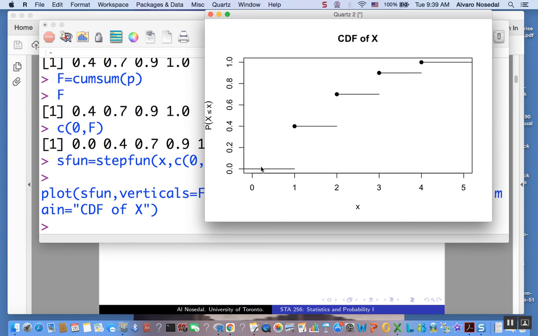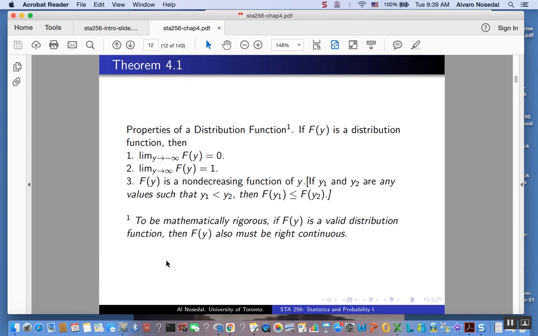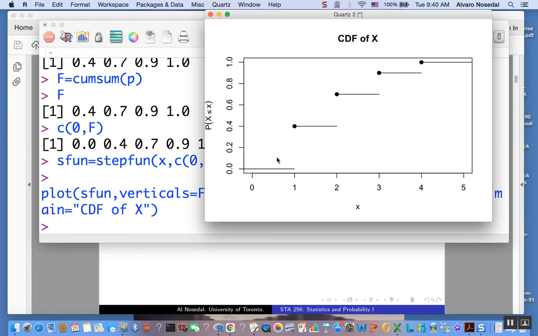So the values of a CDF are always between 0 and 1. And then F of y is, and be very careful about this, that's why we use this word, non-decreasing. One may be tempted to say that it's increasing, but then our mathematician friends would say, hey, here we don't have an increasing behavior.